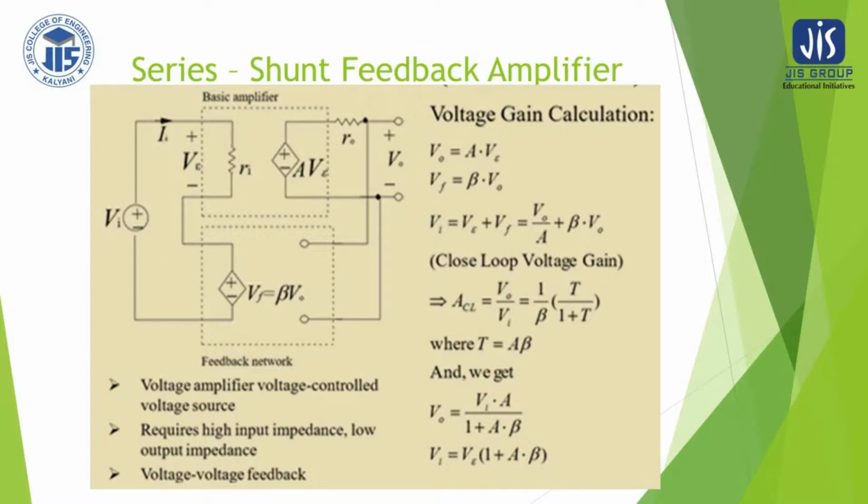Now here instead of Vi we can replace by minus beta V0, so it is V0 minus AV into minus beta V0. So this is equal to V0 plus AV beta V0 divided by R0.